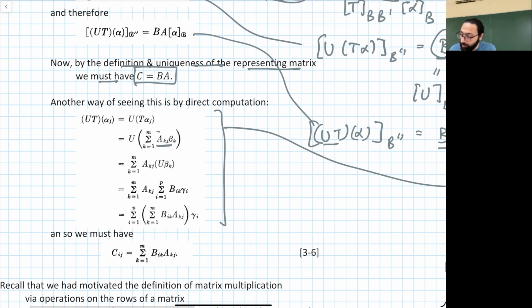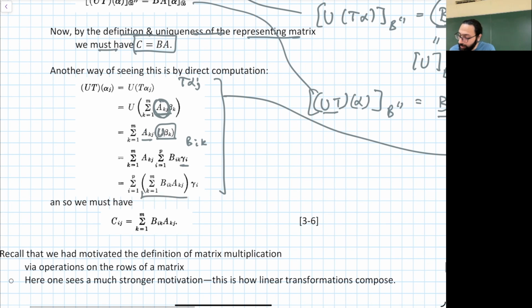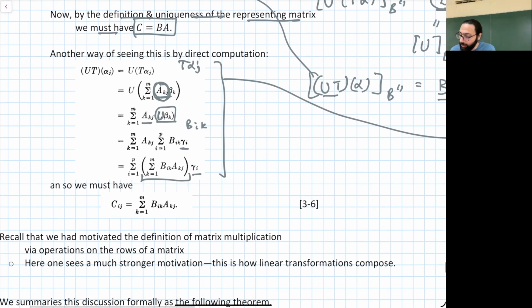In the first case, you apply the definition of T alpha_j in terms of a_ij, and then you apply it to U beta_k. For U, you know the definition in terms of b_ik. Then you can combine the matrices to get gamma_ij, and then you can say c_ij has to be exactly the same.